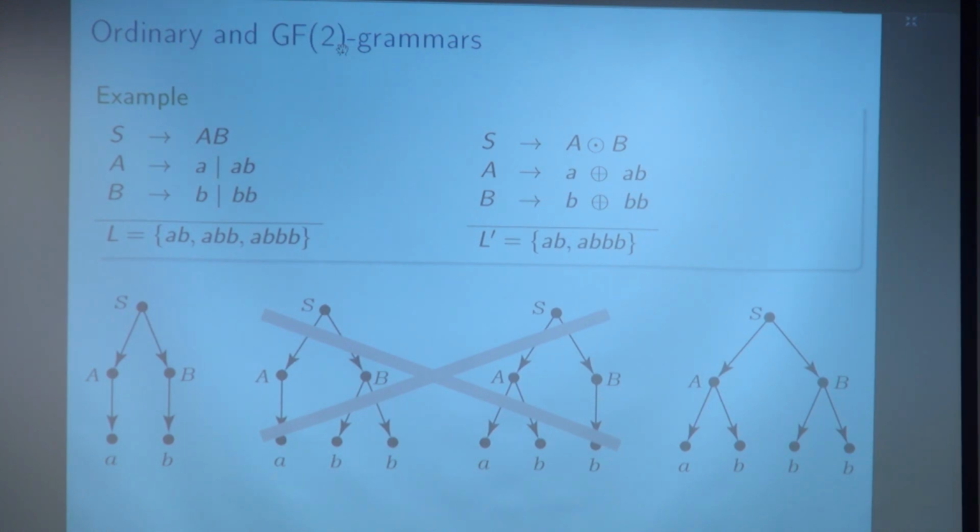so-called parse trees. A parse tree of a word is a directed tree with every vertex being labeled by some non-terminal except leaves. All leaves are labeled by symbols, so by terminals.